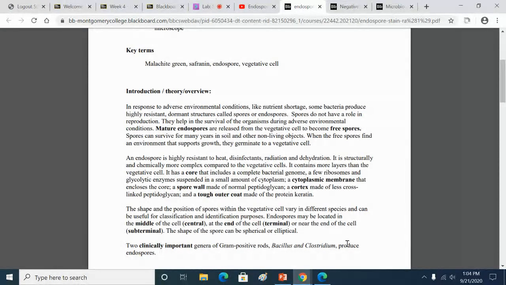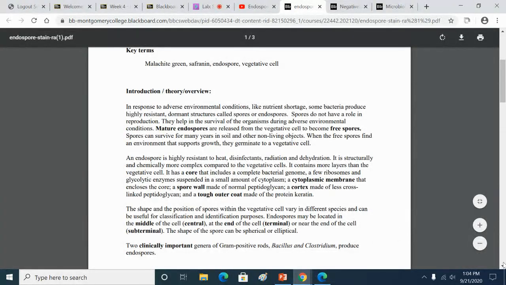But there are others like Sporosarcina, which is a coccus that makes spores, which is kind of unusual, but there are some other kinds of bacteria that make spores. But the largest groups are Bacillus and Clostridium. And every member of those species makes spores or has the ability to produce spores.